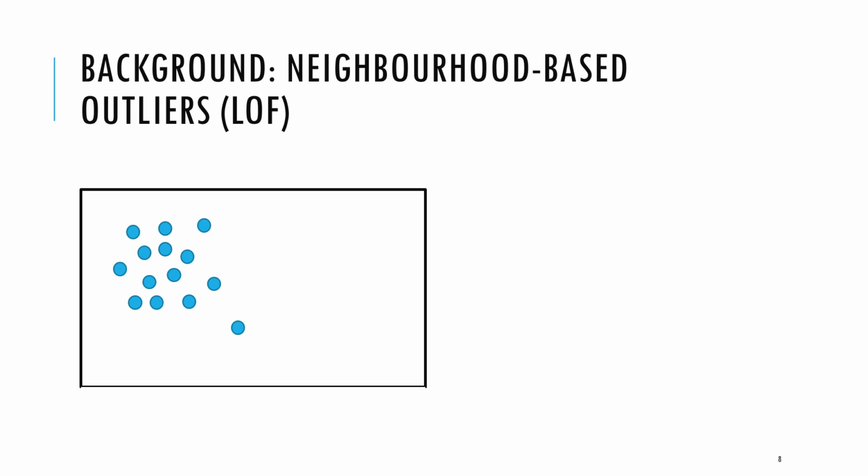There are various ways of characterizing outliers, and one paradigm that has gained increasing acceptance in the last 2 decades has been that of neighborhood-based outliers. So here, let us say that we want to identify the outlier score of an object. And in this case, let's take a look at the bottom left blue object.